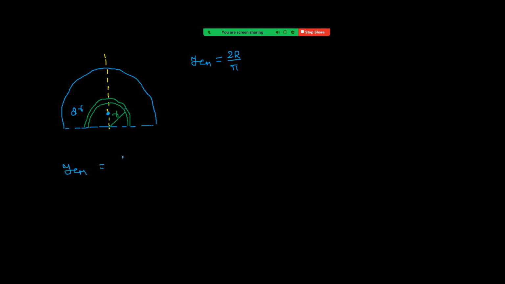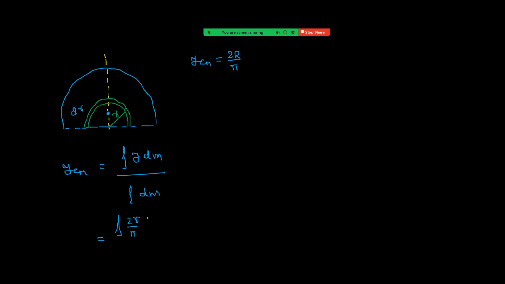YCM equal to integral y dm upon integral dm. Okay. So here what we are doing is the y value will be 2r by pi.